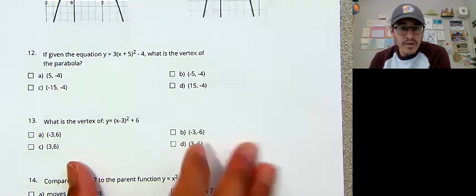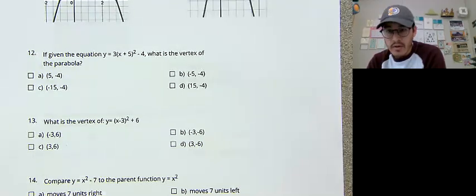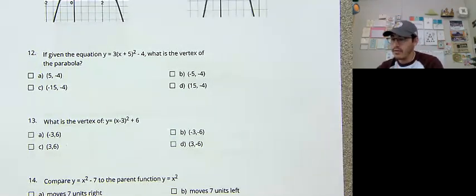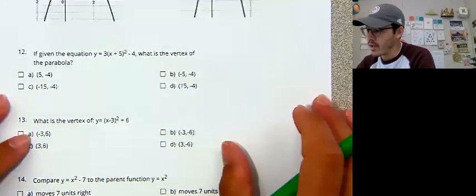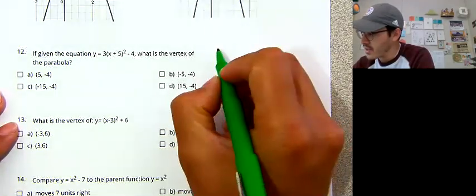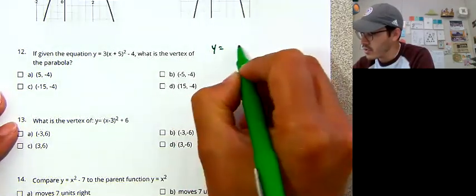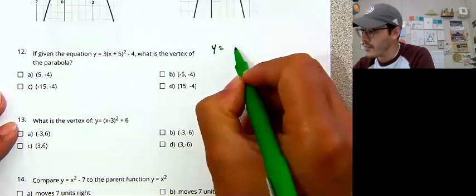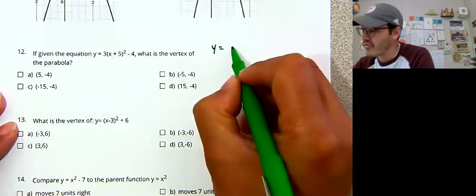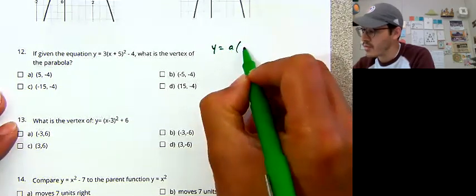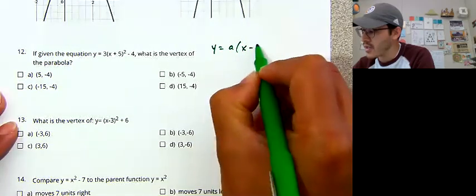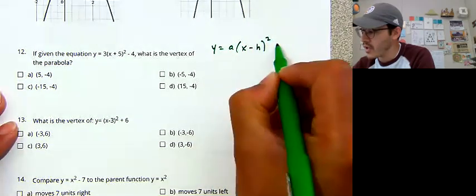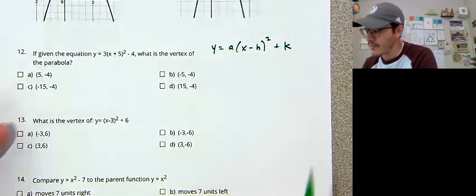Now we are shifting from standard form of a quadratic function to vertex form. And so vertex form generally looks like this. Y equals A times x minus h squared plus k.